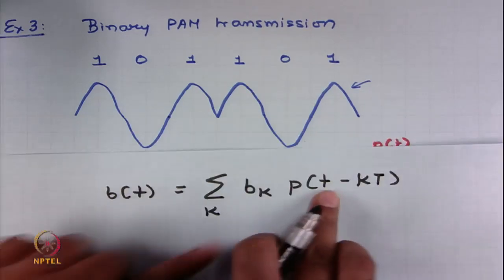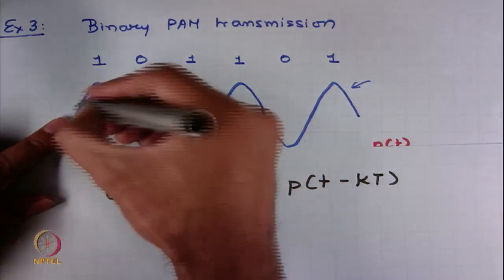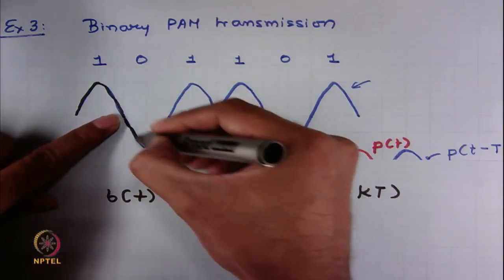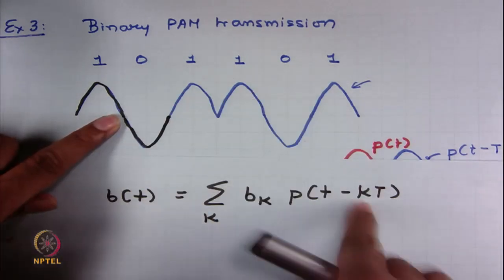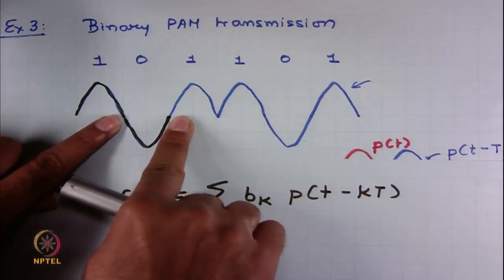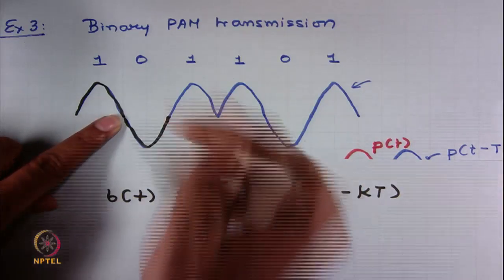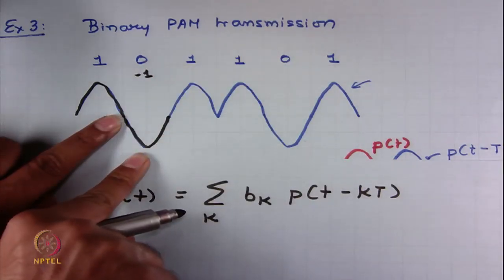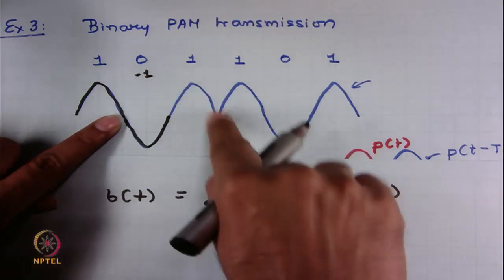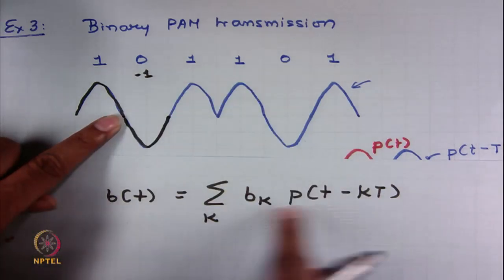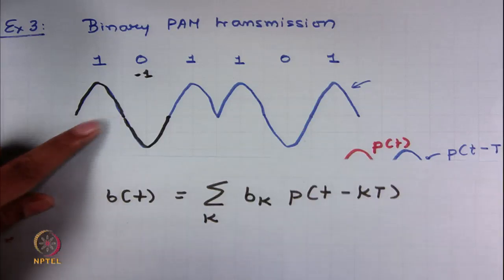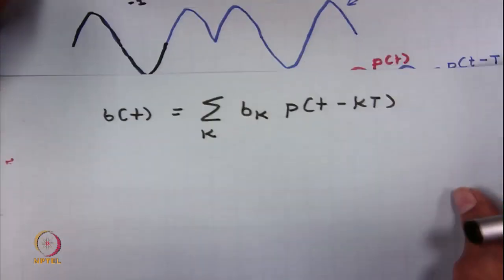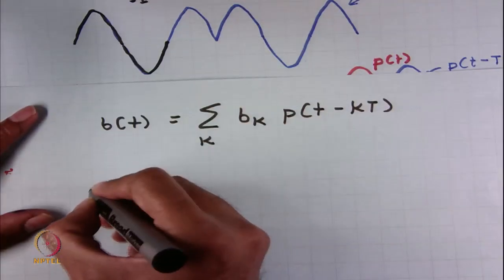So, what I am saying with this is, suppose I have a pulse, then I shift it by T units to get this pulse, and I shift it by T units and also multiply it with minus 1. In this case I need to multiply it with minus 1 to get an inverted pulse. Then to get this pulse, my expression will be 1 times p(t minus 2T). So, if I focus on the first pulse, let me draw it again.